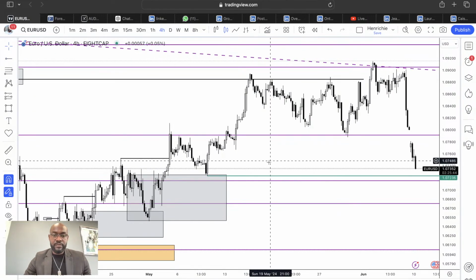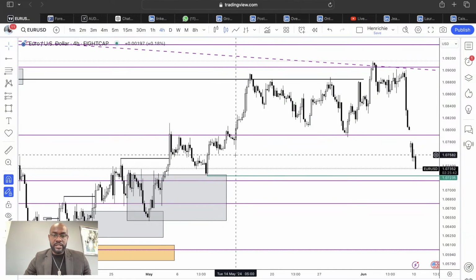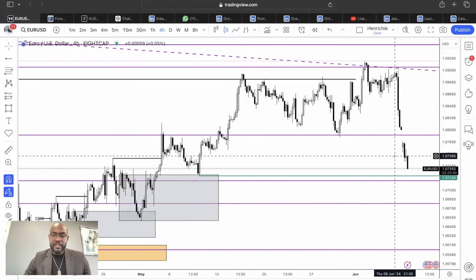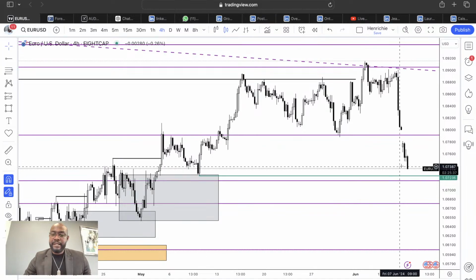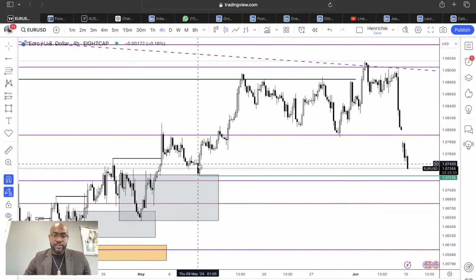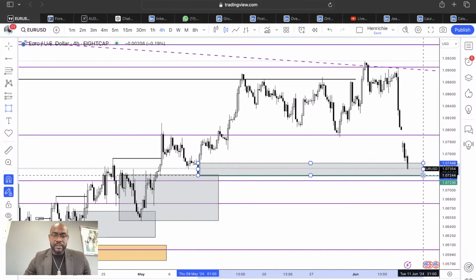Seems pretty much the sell side liquidity is the next drawn liquidity, because the way price is dropping, it doesn't really seem like there's anything that is going to stop it where we are right now. If there was anything that should have stopped it, it should be from this last down close candle right here. Right here would have been the last key level.